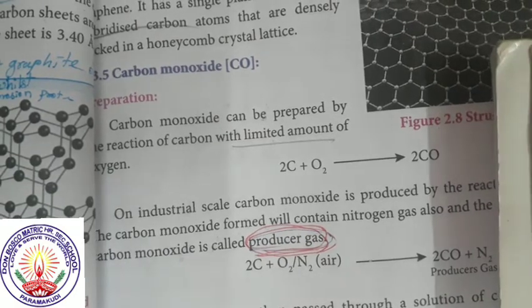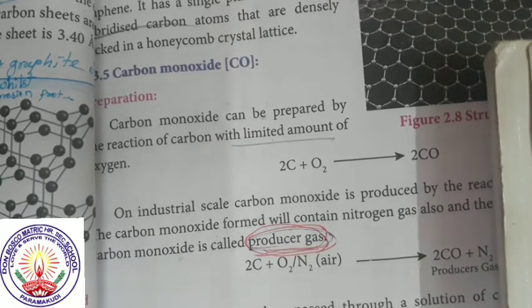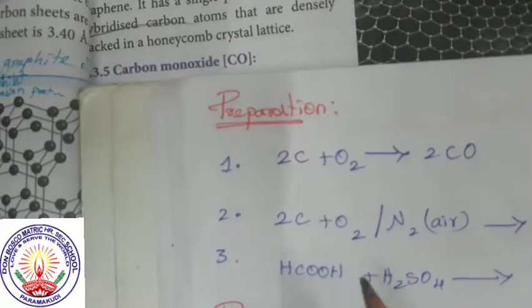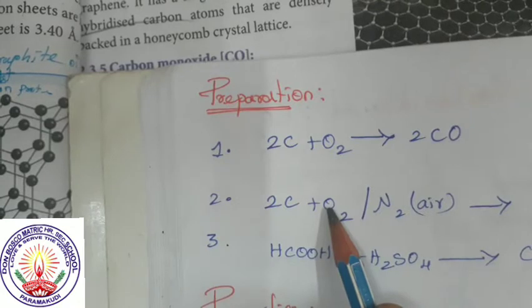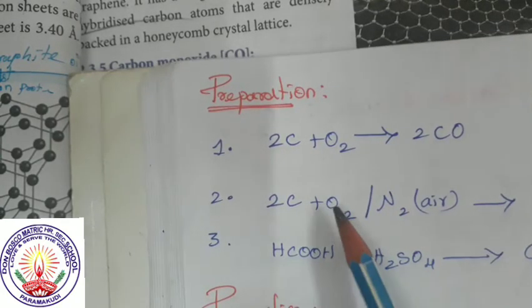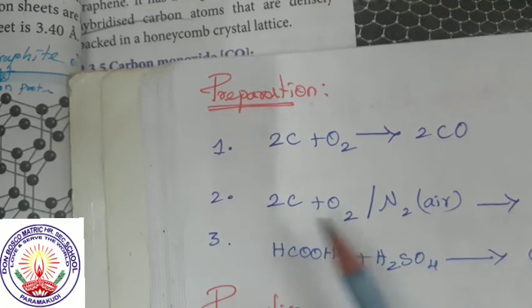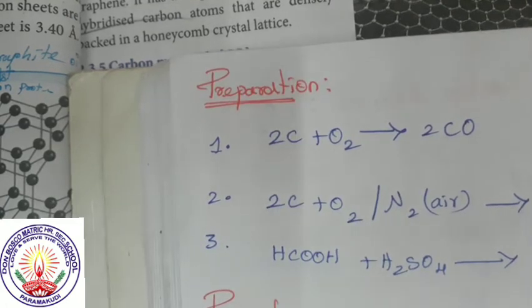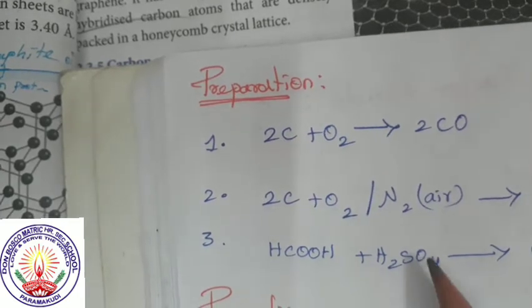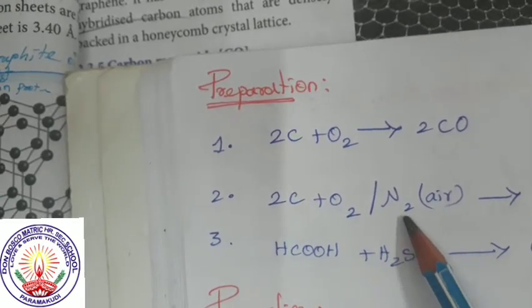The second one is producer gas, for when we need a large quantity, that is industrial scale, when we prepare it, we use carbon plus oxygen. In the open air, not only oxygen, nitrogen also is present.